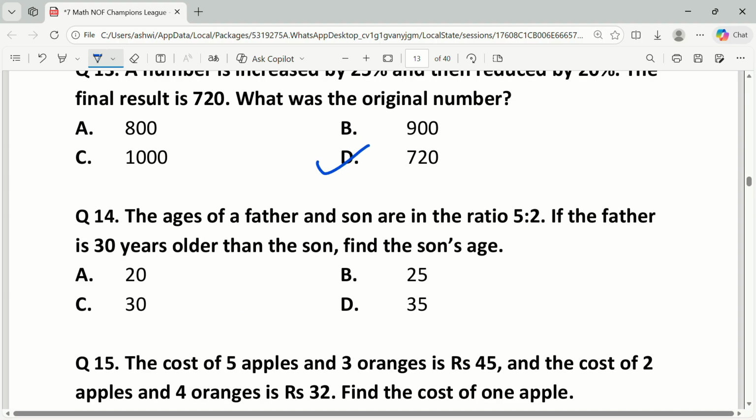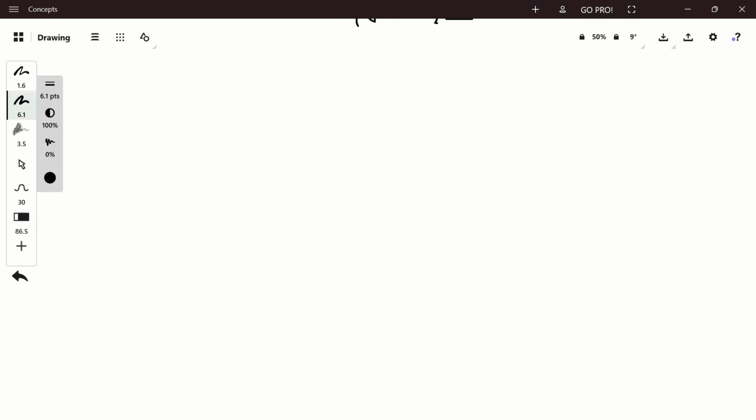The ages of a father and son are in the ratio 5:2. If the father is 30 years older, the son's age is. Let the father's age be F and the son's age be S. So, ratio F is to S as 5:2.